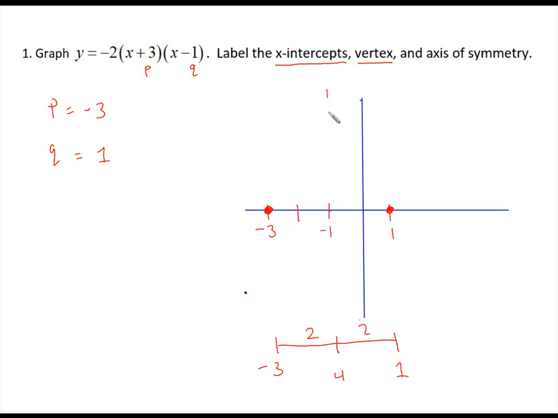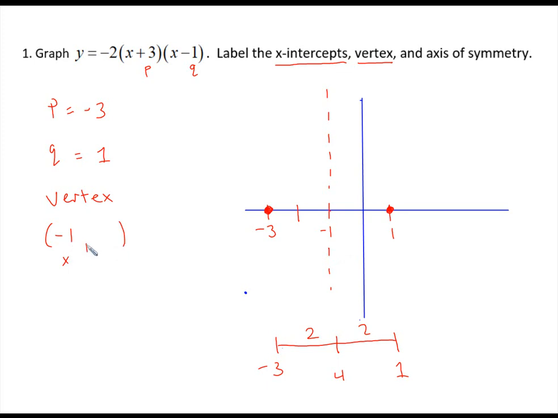This means our axis of symmetry is at -1. And if you remember, the axis of symmetry is the same thing as the x value of the vertex. So that means that the x value of the vertex is going to be -1, because the axis of symmetry is equal to the x value of the vertex.